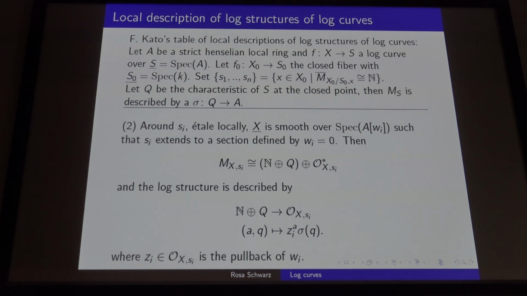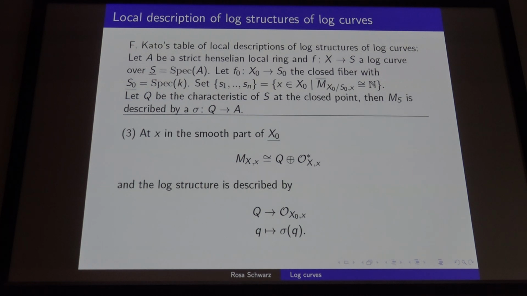And the log structure is basically sending a to t to the power a, but then we need to say what our t is, and t is here the pullback of this w_i, but then in O_X at s_i.